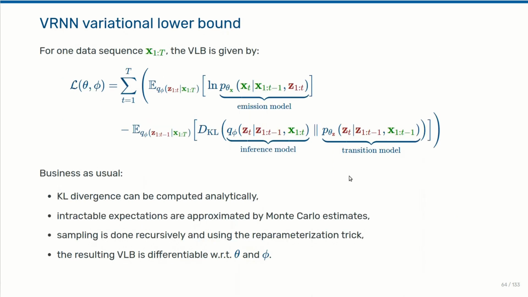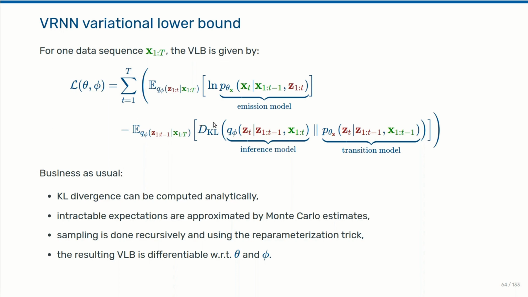When it comes to the lower bound, there is nothing complicated, just a little bit tedious. We write the reconstruction term, which is in the first line, and also the regularization term that you can see in the second line. We have encountered these difficulties in the previous DVAE models.